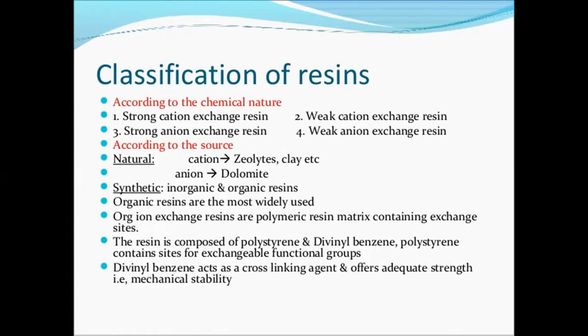Only one, two, four or five naturally occurring resin substances are not useful for the separation of many types of ions from the solution. So synthetic organic resins are most widely used, because the preparation of such resins is possible. You can design and prepare them according to the intended use.